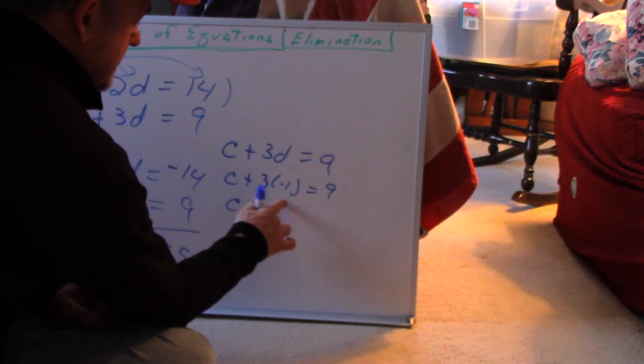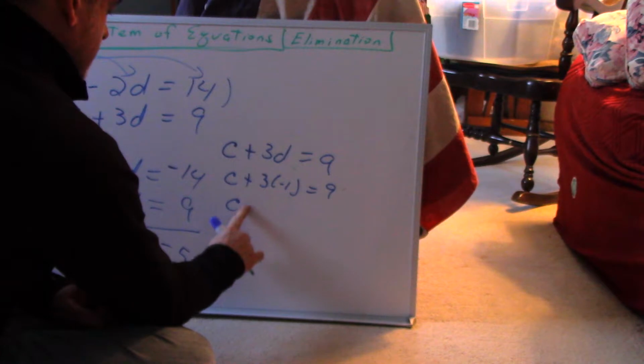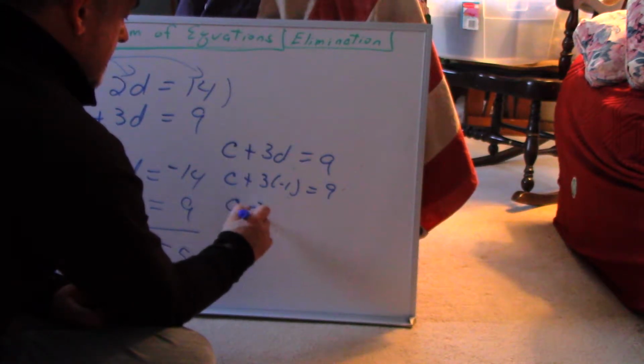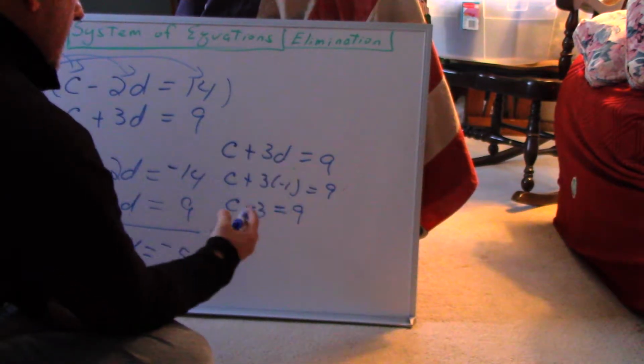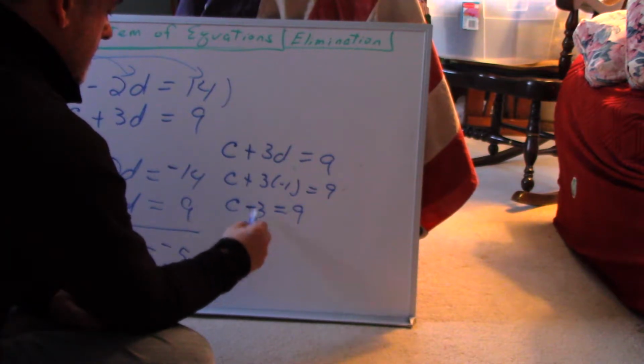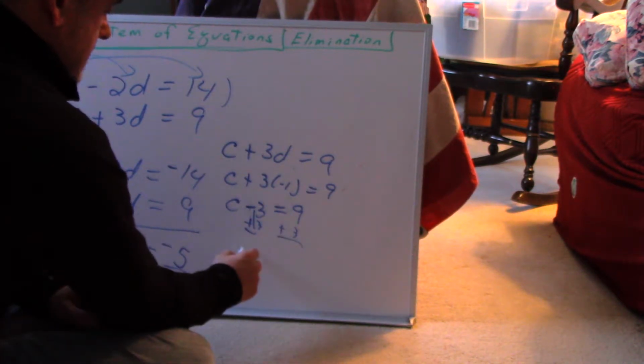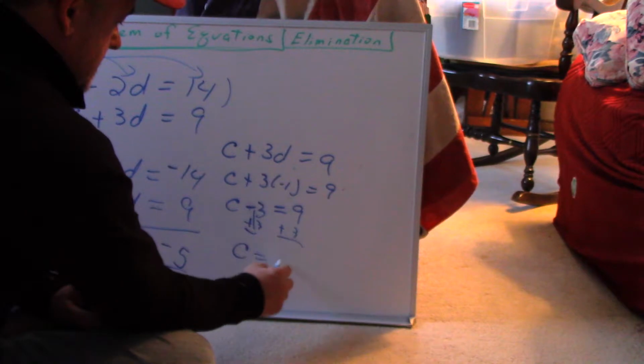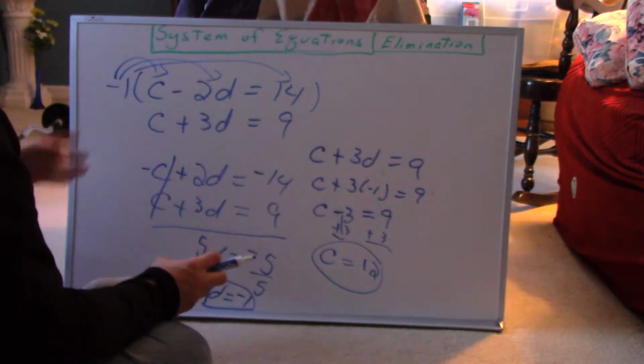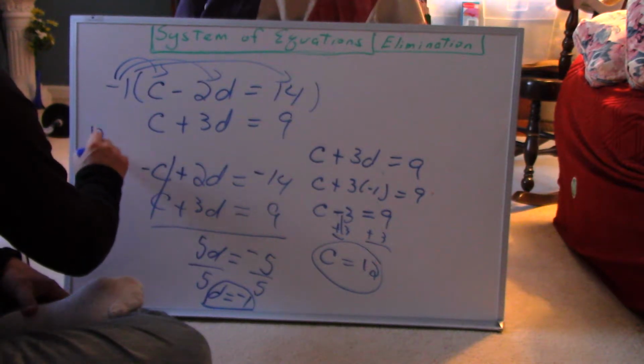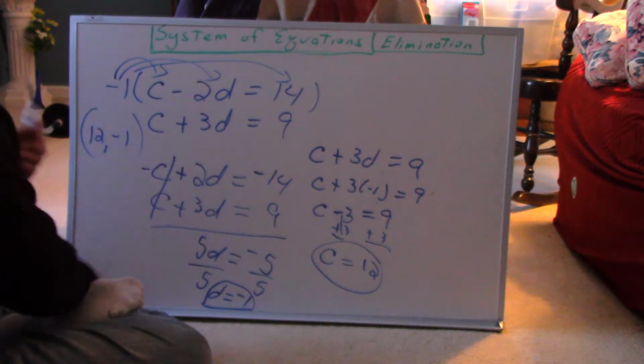C plus 3 times negative 1, well, that is c minus 3 equals 9. And I do plus 3, plus 3. C equals 12. So c is 12 and d is negative 1. So the point where they meet is 12, negative 1.